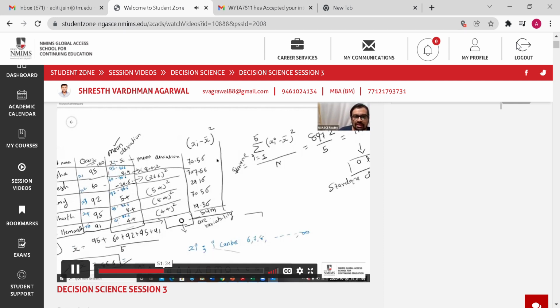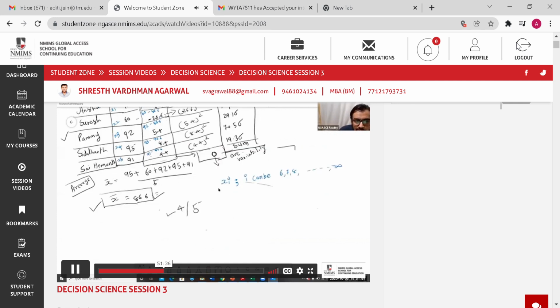So when you discuss this story that the average performance of these 5 students is 86.6 marks, please mention that the deviation is 13.39. So the average deviation from the mean is 13.39 marks, which is approximately 13 marks. The average performance, you can say, is approximately 87 marks.